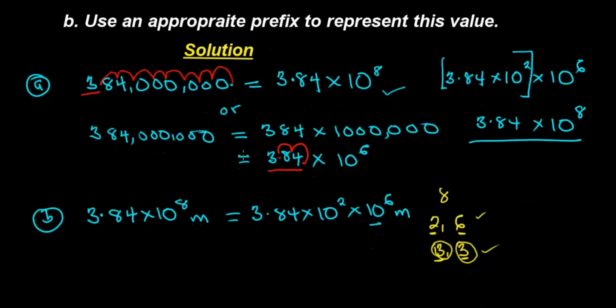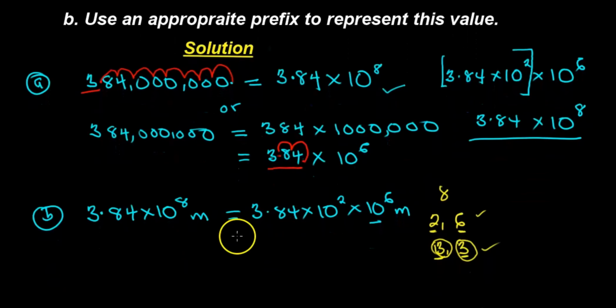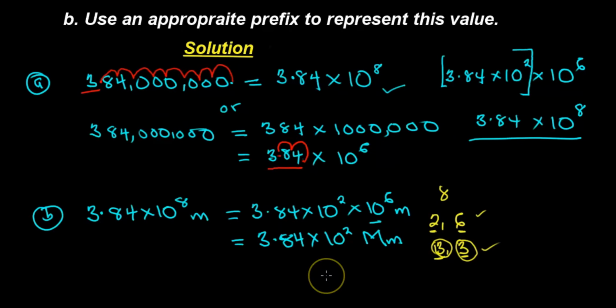So in place of 10 exponent 6, I have 3.84 times 10 exponent 2 mega meter. Now, you notice that we have 10 exponent 2 here. The reason we are bringing mega, the prefix, is to make it simpler, running away from the scientific notation. But we still have an exponent here. If you don't do away with this, what we are doing will be a cos 90 job.